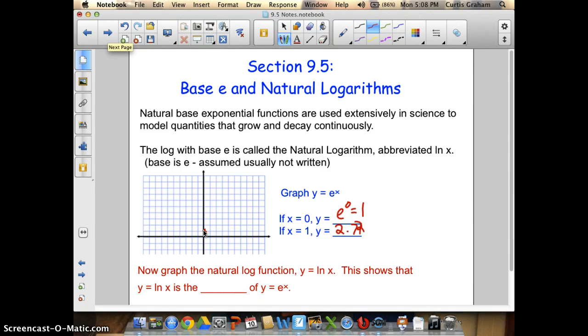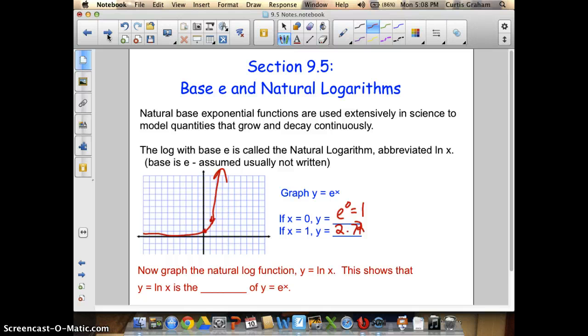At 1 it's 2.72. So that's going to be a graph that looks like this. Why doesn't it ever touch the x-axis? 3, 2, 1. Because if I make the exponent negative, it's just going to be a fraction. It's just becoming smaller and smaller fractions, but it's never actually going to hit 0 or become negative.